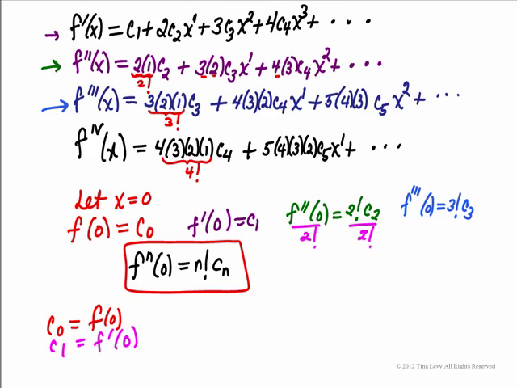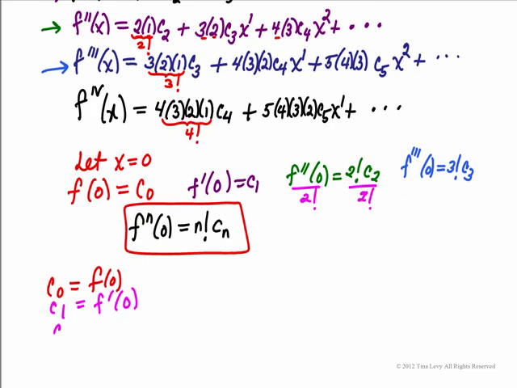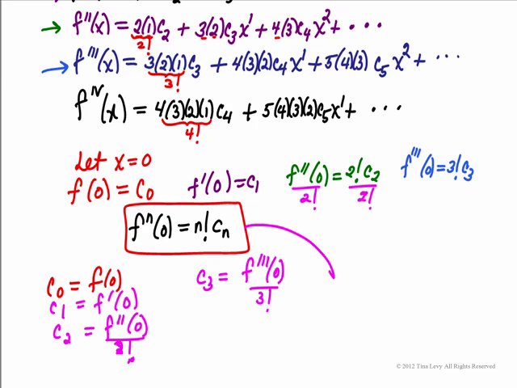Working that out, we get c sub 2 is the second derivative at 0 over 2 factorial. And working this, we can see c sub 3 will be the third derivative at 0 over 3 factorial. So in fact, using our generalization, we get that the nth constant c sub n is the nth derivative at 0 over n factorial.